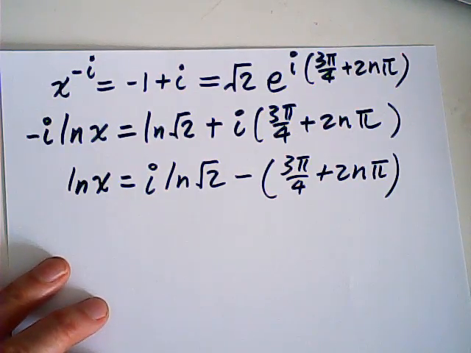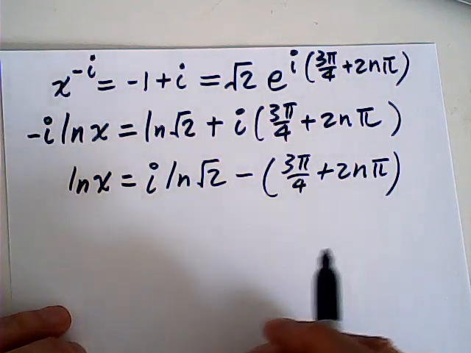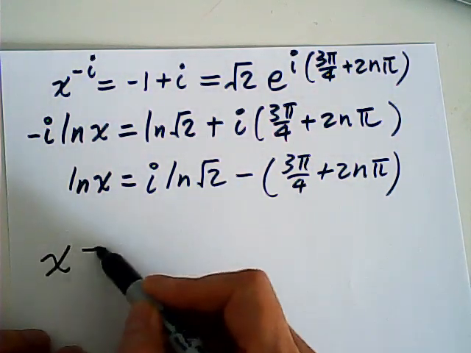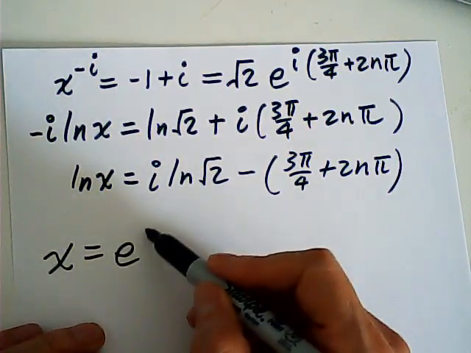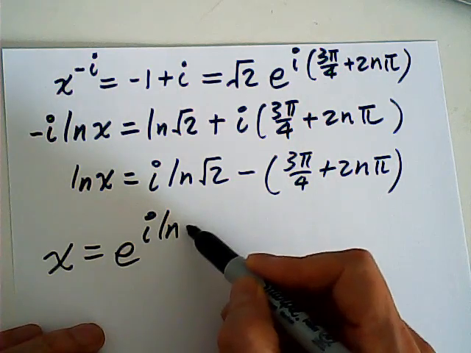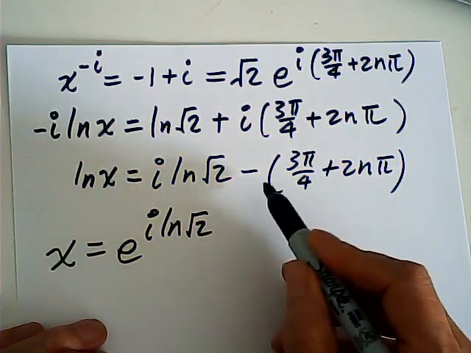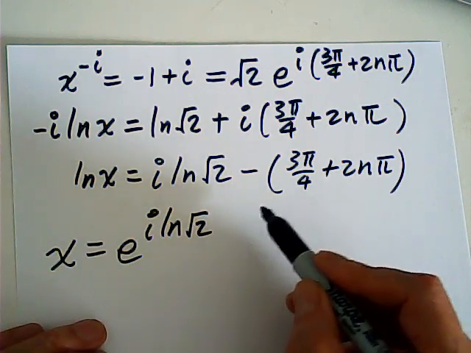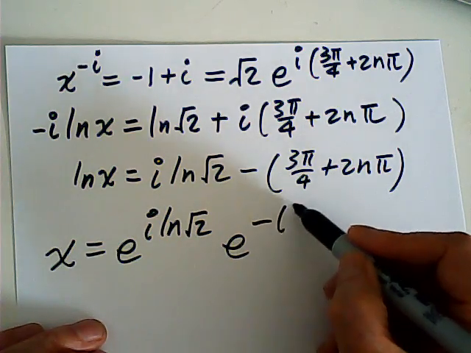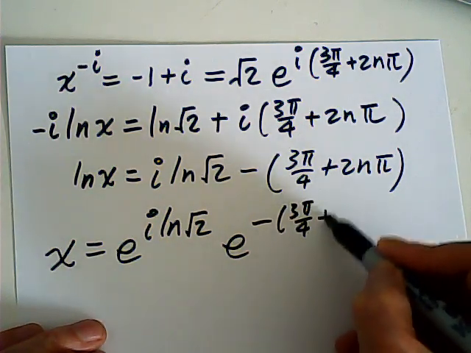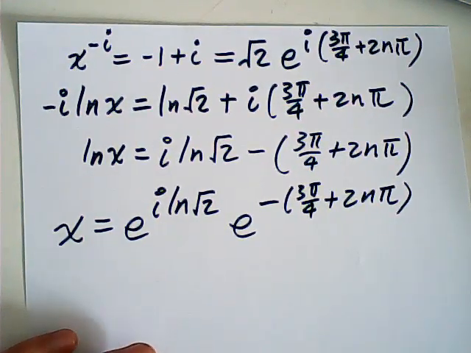So then we get x, right? x equals e to the i natural log square root 2 times e to the negative 3 pi over 4 plus 2n pi.